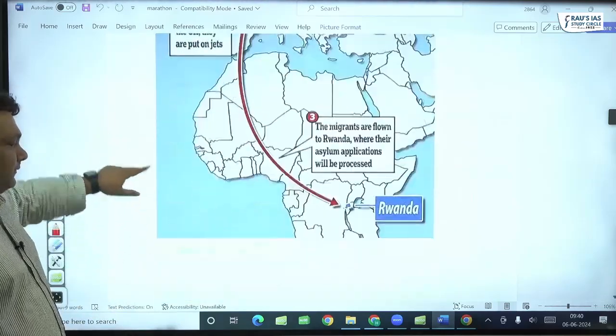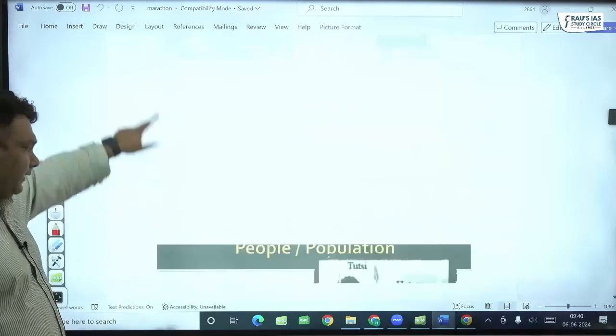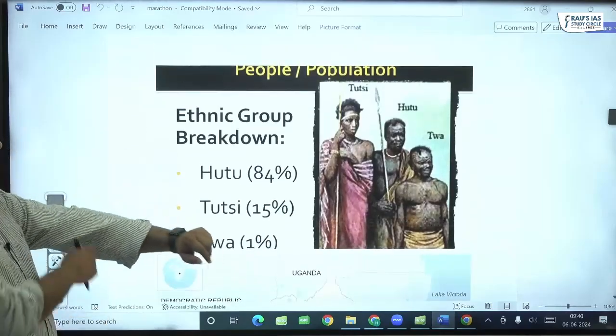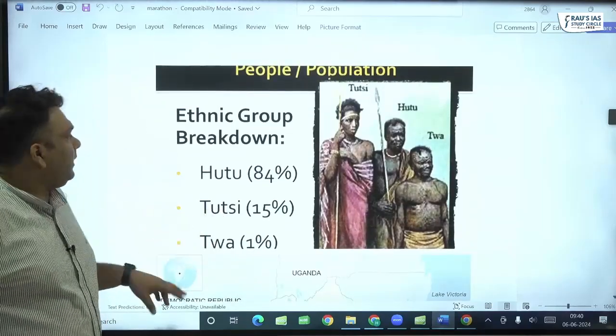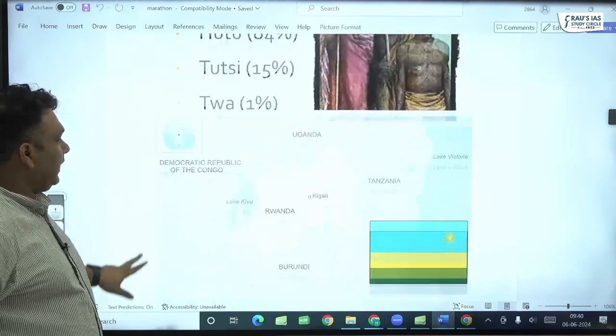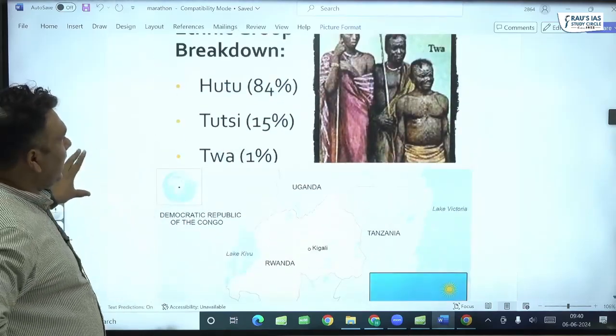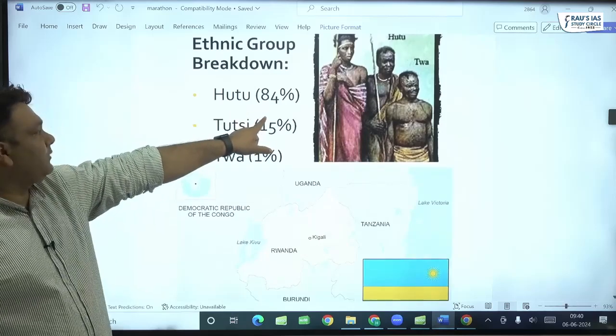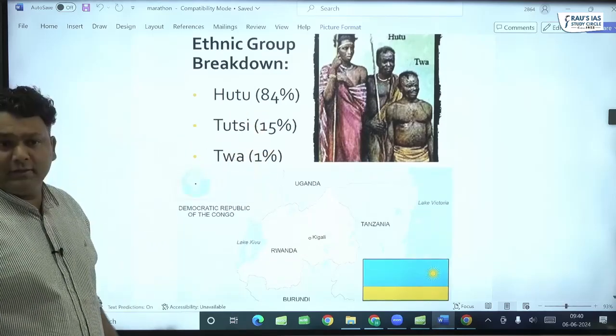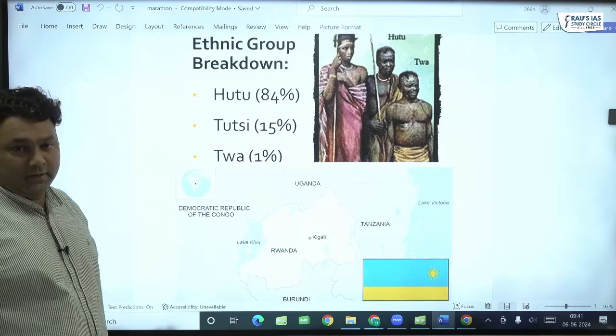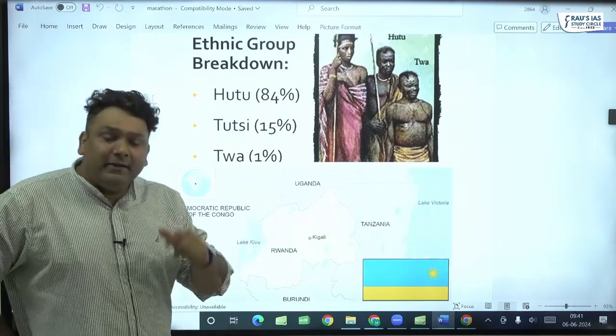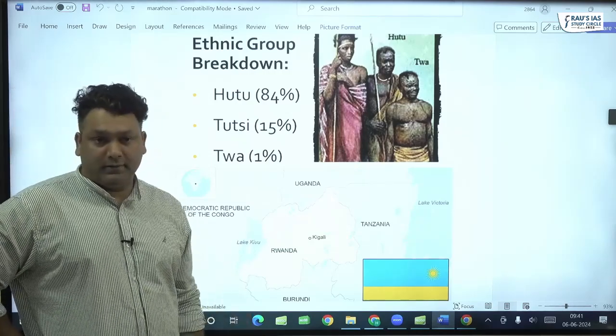Now, if you look at the ethnic population breakdown, in Rwanda you have around 84% Hutus and 15% Tutsis. So in 1994, a genocide occurred.